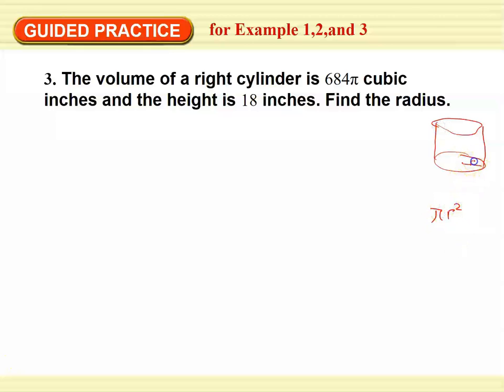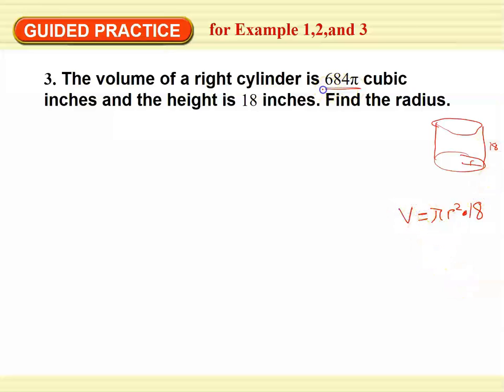Only problem is I don't know the radius, so I just have to leave it as r squared. The height is 18, so I take the area of the base, which is pi times the radius squared, times it by the height of the cylinder, and that is supposed to equal my volume.